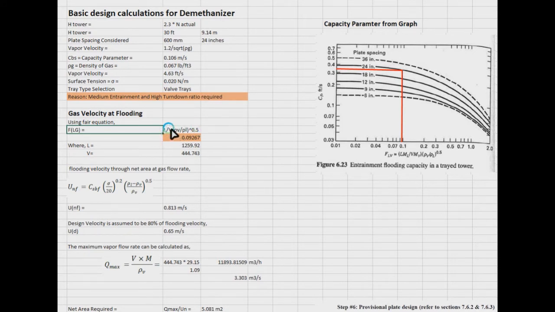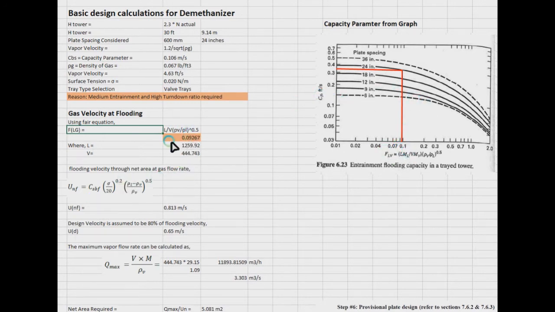You have to maintain the consistency of units. Rho V is the density of vapor and rho L is the density of liquid, and it is actually raised to the power 0.5. Now the flooding CF can be calculated from the graph.